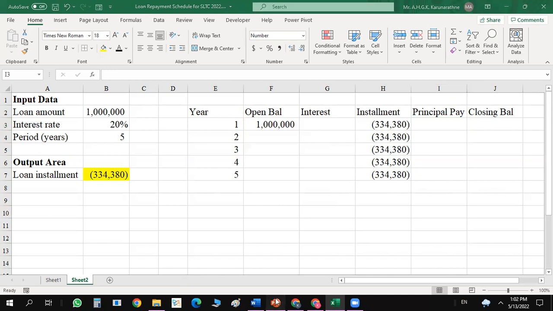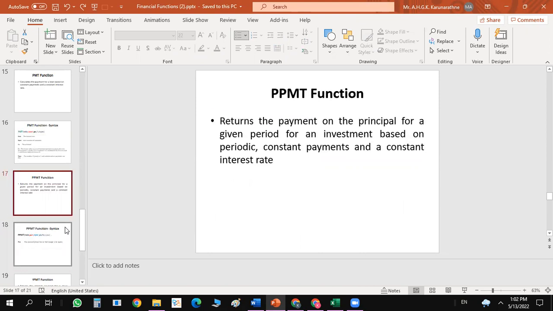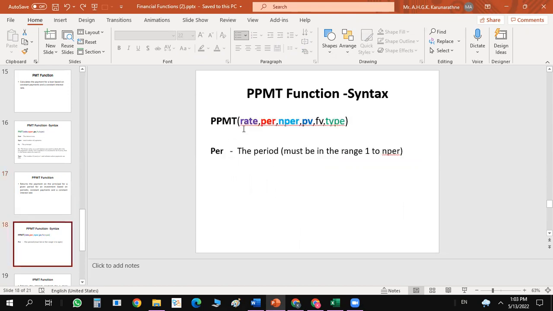That is PPMT. Have a look at that syntax. PPMT is the principal payment function. Again, rate is the interest rate. PER is the period, that means the period through which you repay the loan. NPER is the number of payments for the whole loan period.